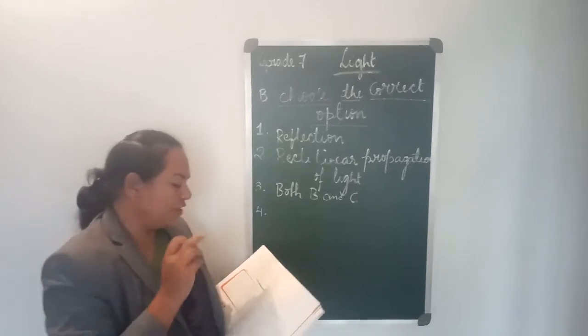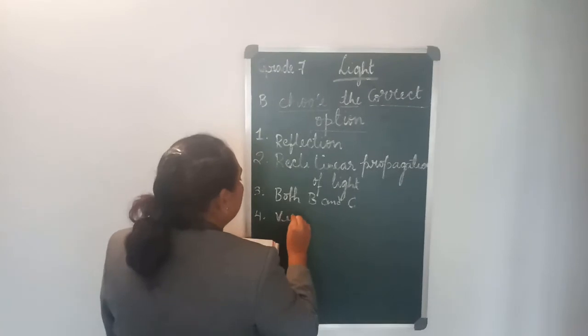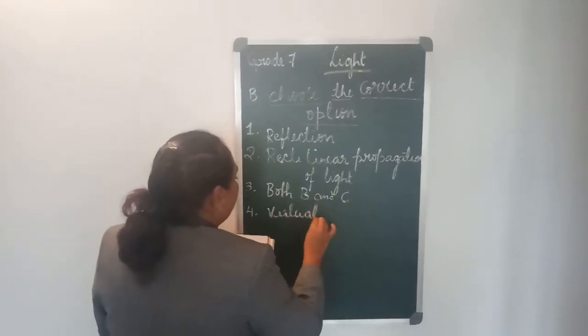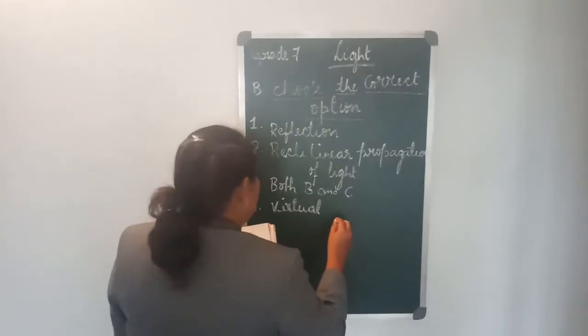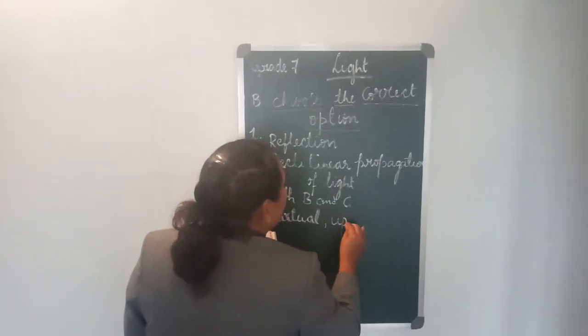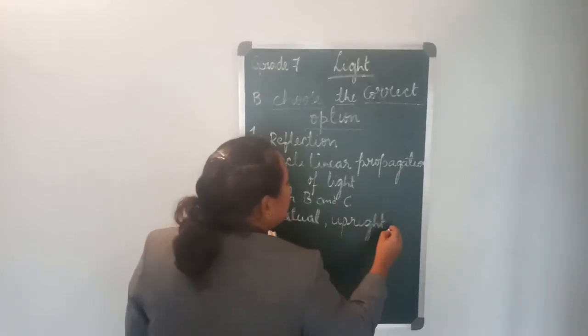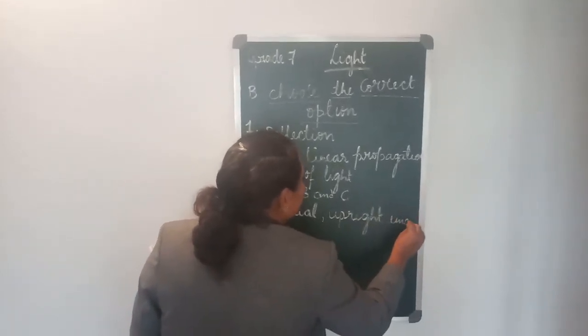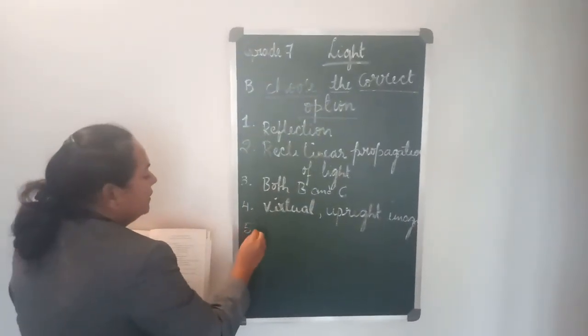Hence, the image formed by the plane mirror is virtual and upright. Upright means what? The straight, upright image. This is the image formed by the plane mirror.